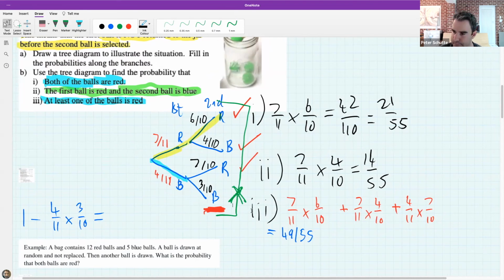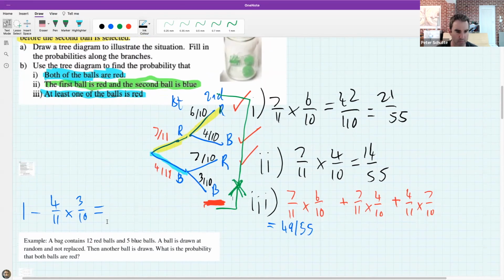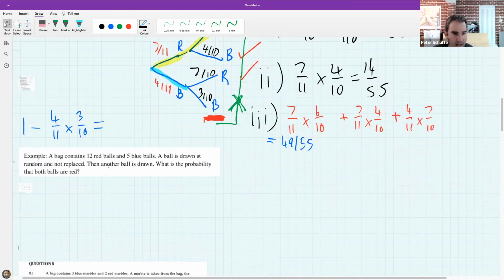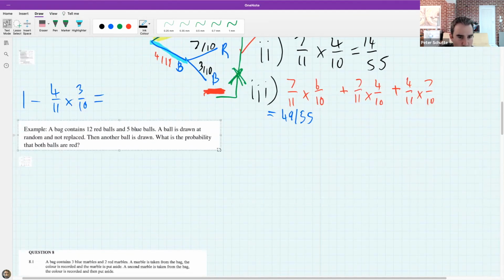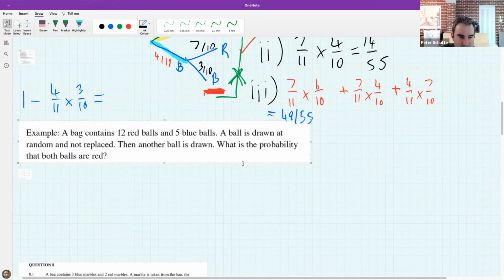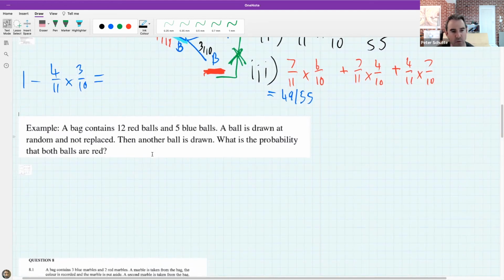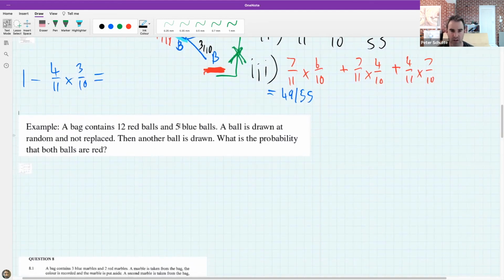Okay. Let's try and squeeze in one more question for today. That's it, and the last one. So here is the question from the beginning of the lesson with one slight modification, and then we're done for today. So a bag contains 12 red balls and 5 blue balls. A ball is drawn at random and not replaced. Then another ball is drawn. What is the probability that both balls are red? This is your drop the mic moment.